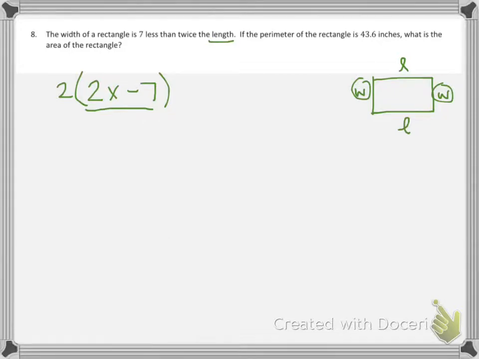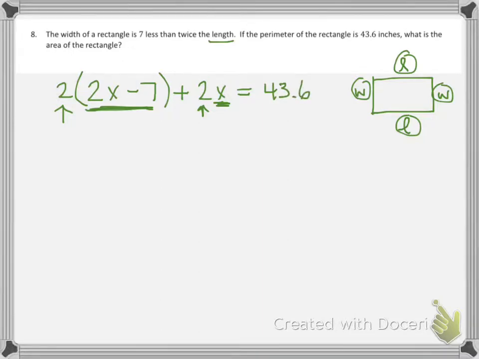So that's plus 2x. So I have my width here, my length there, and I've multiplied them both by 2 so that I used both lengths and both widths. Okay, and that's equal to 43.6. That's the perimeter.